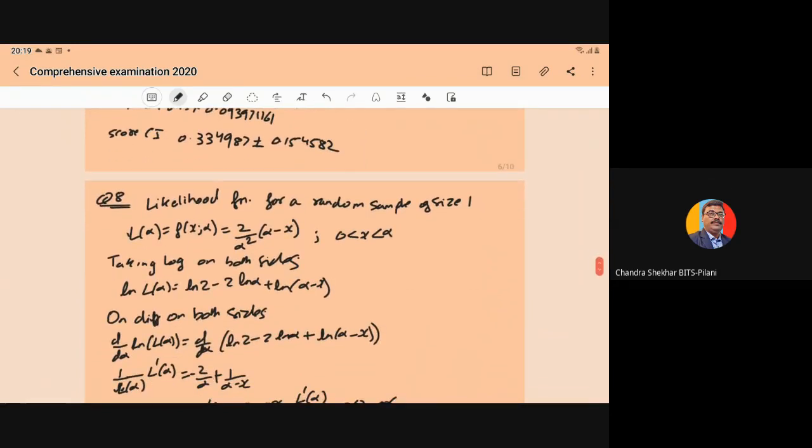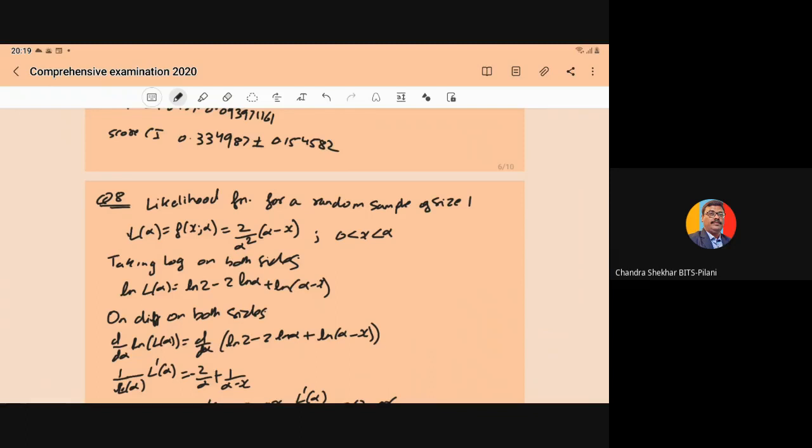So you know how to compute the likelihood function. Likelihood function is the probability of drawing the sample. So the likelihood function for a random sample of size 1 will be L of alpha, which is nothing but f of x with parameter alpha, and it is given to you f(x) is 2 upon alpha square into alpha minus x, and x belongs to 0 to alpha.